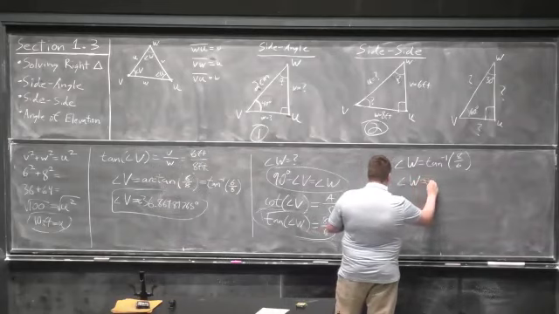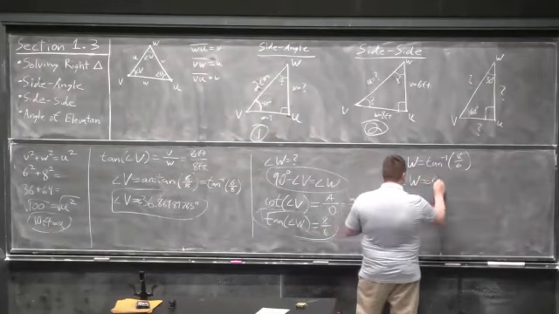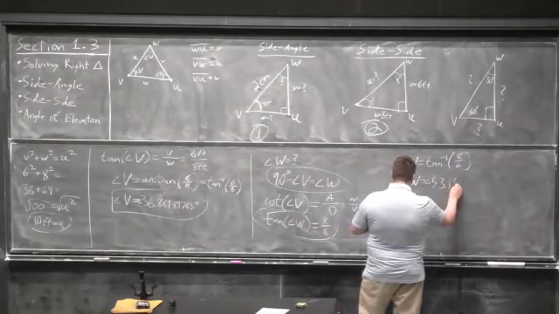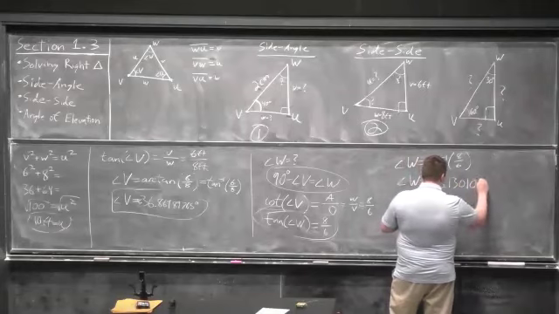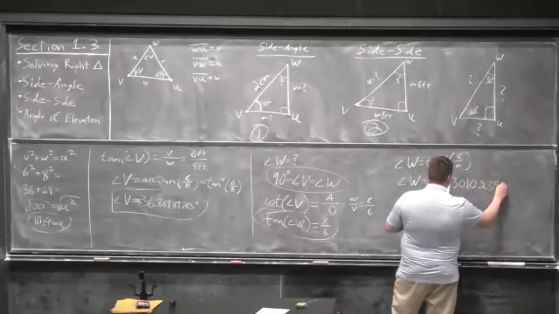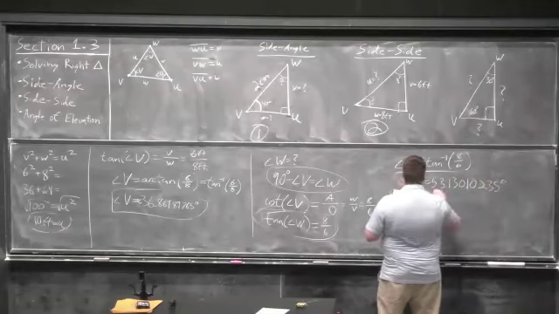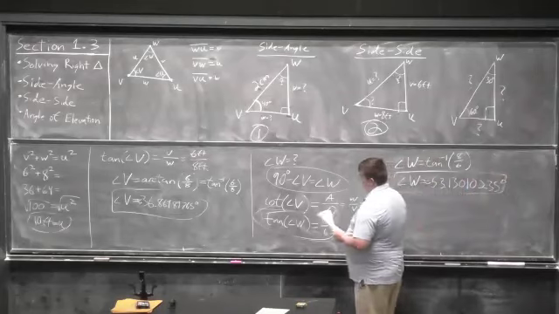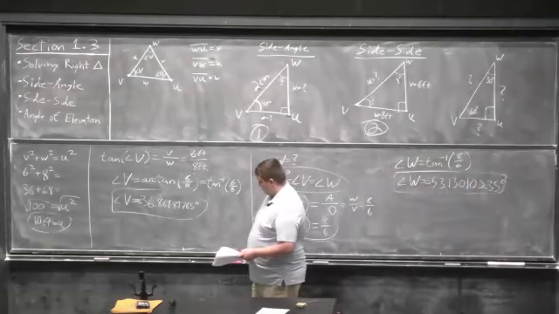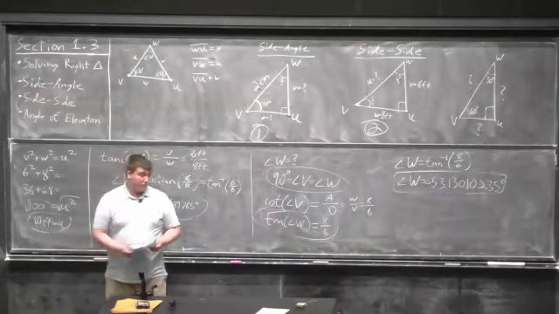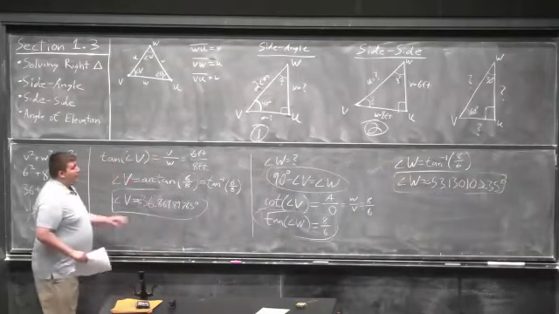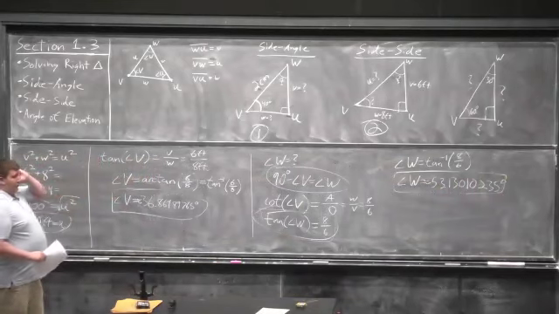The angle of W is about 53.13010235 degrees. And now we have solved all pieces of the information.